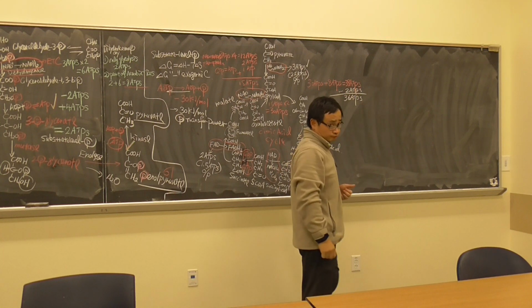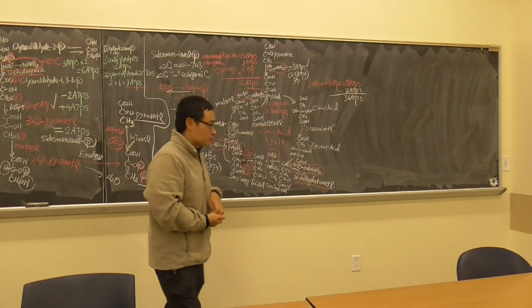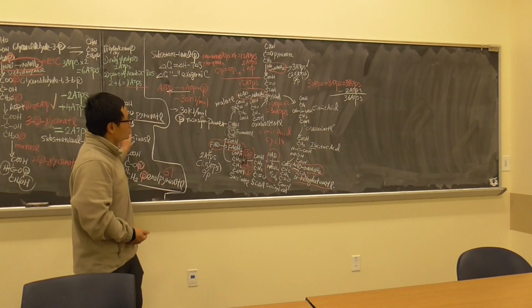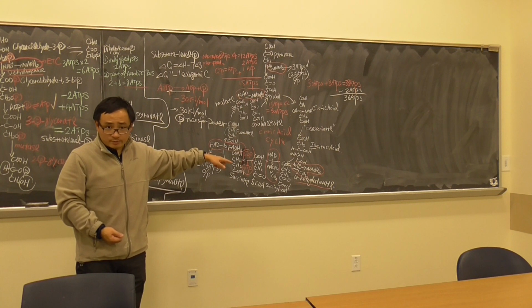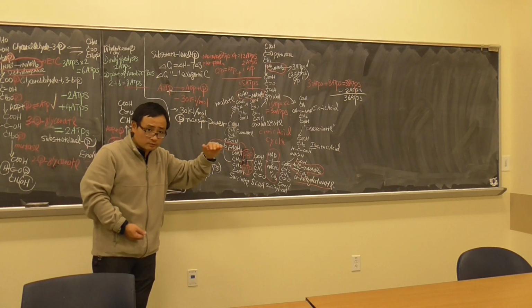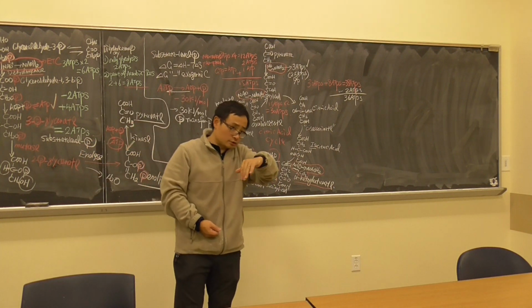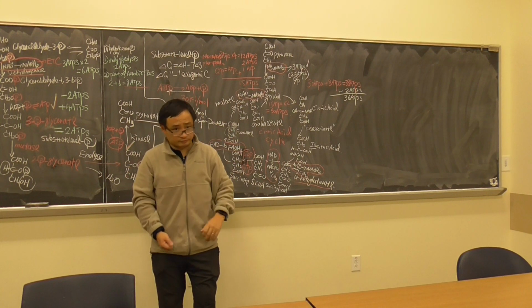Where are they? Because bacteria are prokaryotes, this happens in the cell membrane system. For eukaryotes, this happens in the mitochondria. And they need to pass through the mitochondrial membrane system. Like you go to a park, you need to pay for the ticket at the gate.